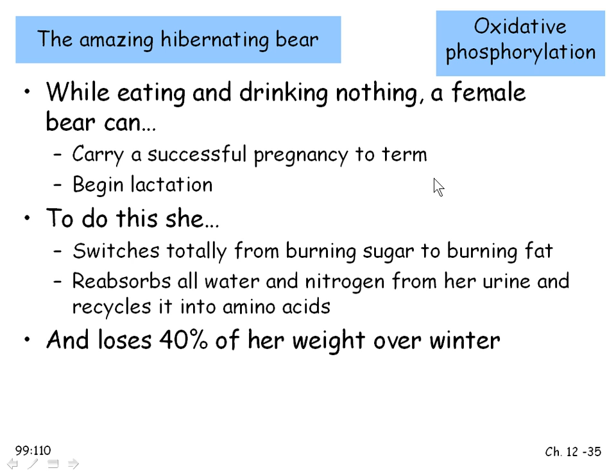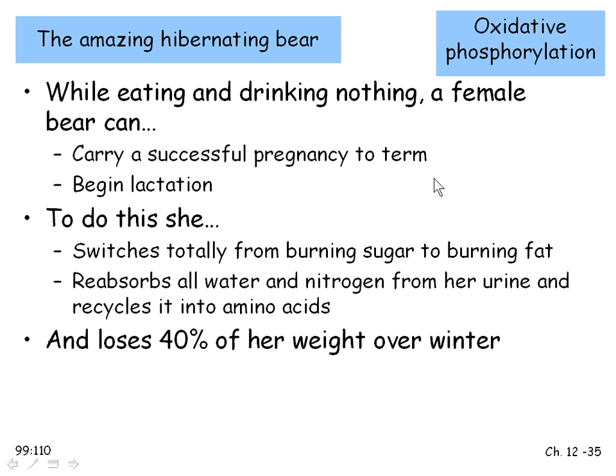A female bear can retire to the den in the fall, and without eating or drinking from that time to the time that she comes out in the spring, she can carry pregnancy to term, start making milk and survive all of that. And she turns from burning sugar to burning fat. Her body mass had bulked up over the fall to have a larger fraction of fat.